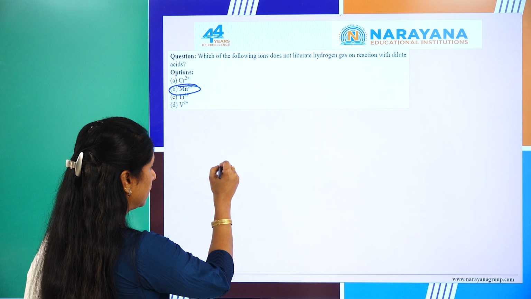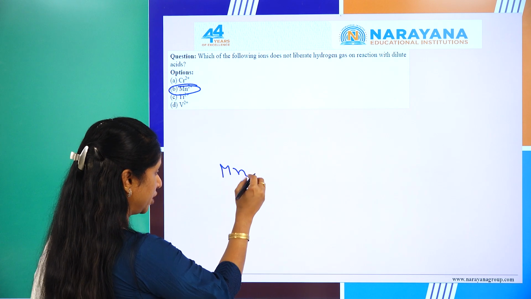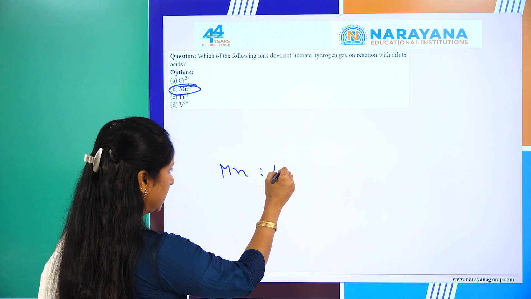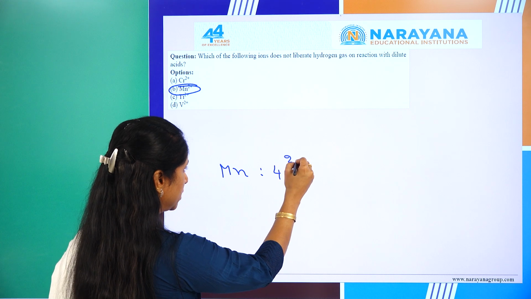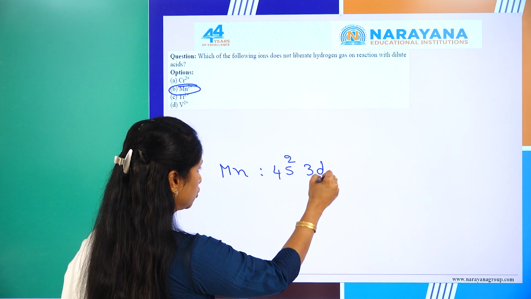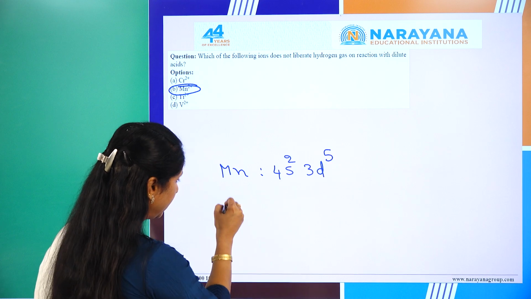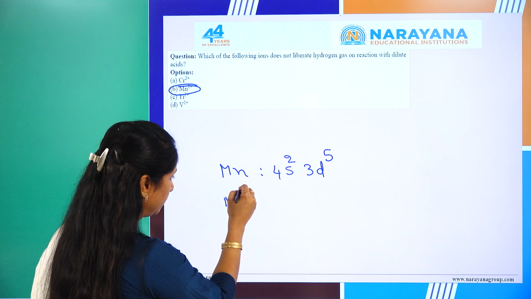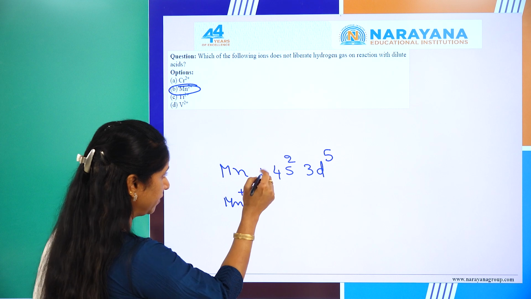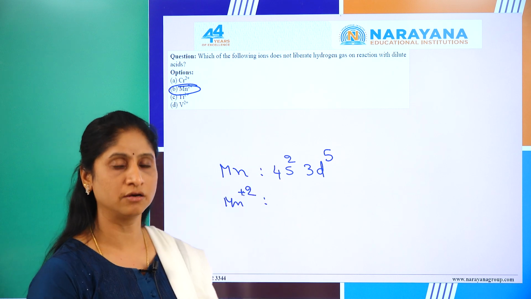It is reluctant to undergo further change. In its elementary state, manganese has the outermost electronic configuration 4s2 3d5. When writing it as Mn2+, I should remove the electrons from 4s, because the effective nuclear charge on 3d is more than 4s.